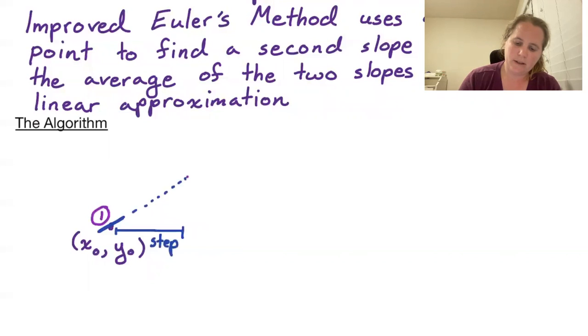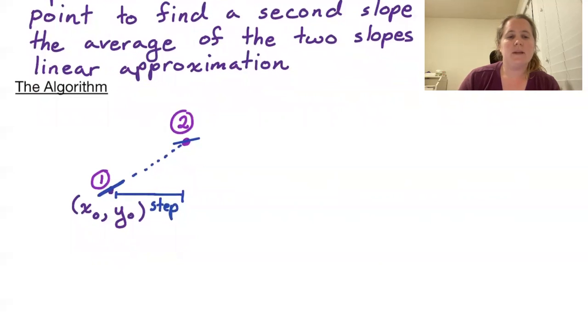Then we're going to take that second point. We are now going to find the slope of that second point. And then what we do is we average those two slopes. I'll stick with the same color.